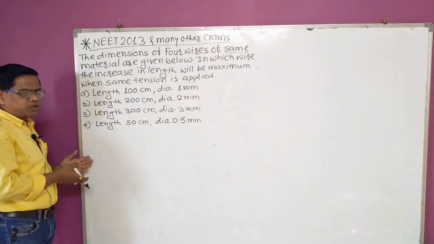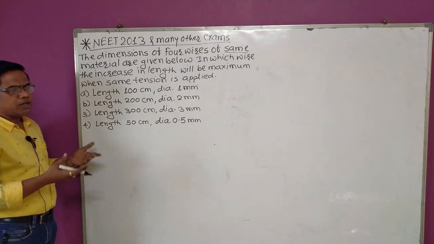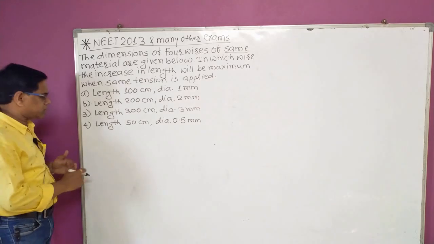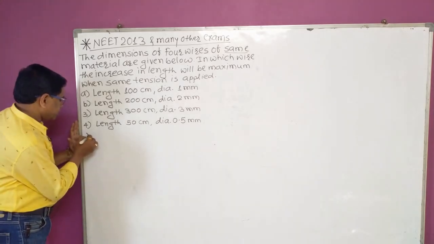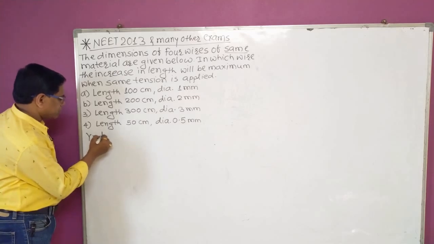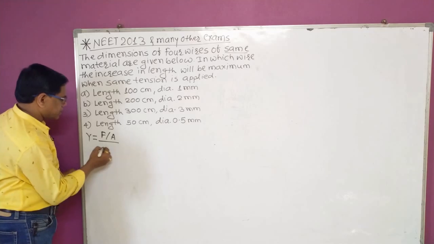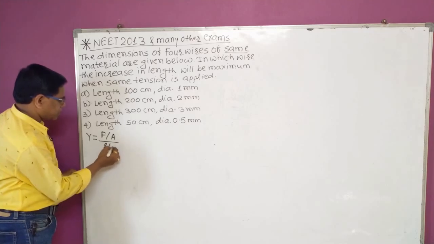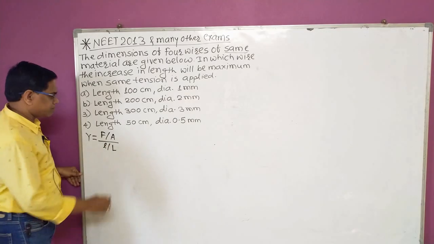So again, like in the previous MCQ, we will write down the formula for elongation. So we learned that Young's modulus is equal to stress upon strain. So stress is force upon area and strain is elongation upon original length.